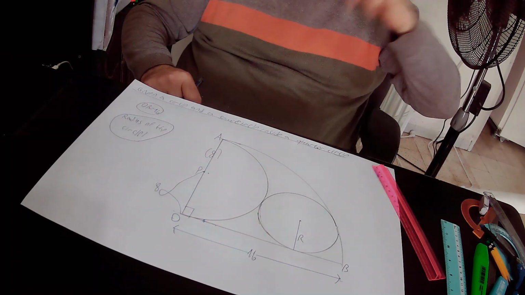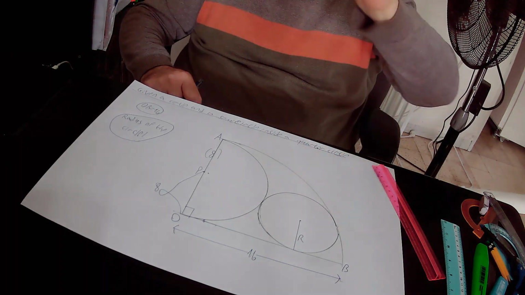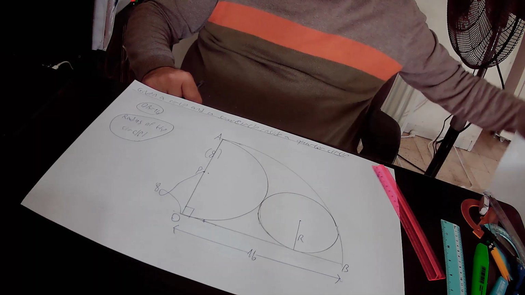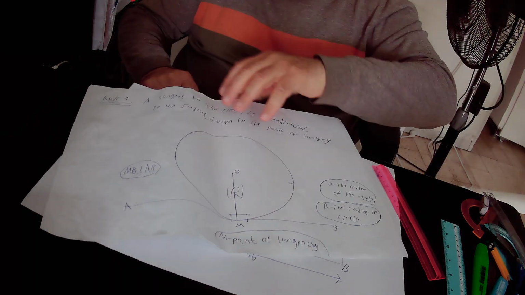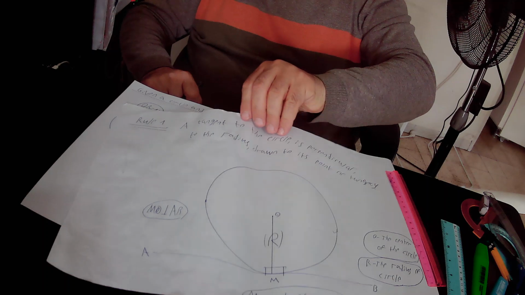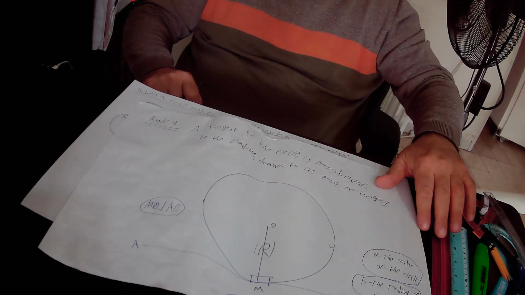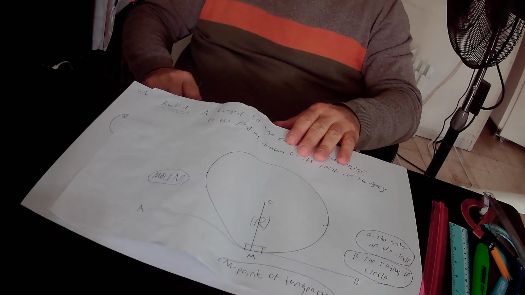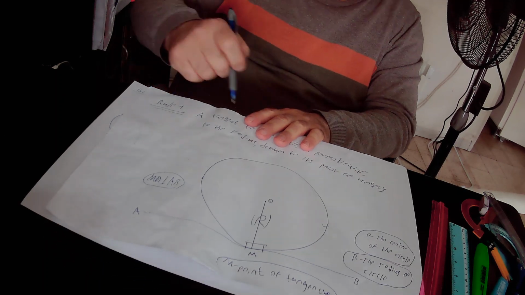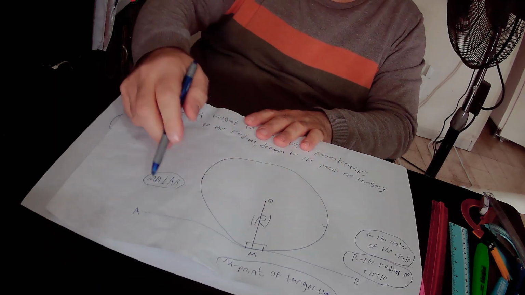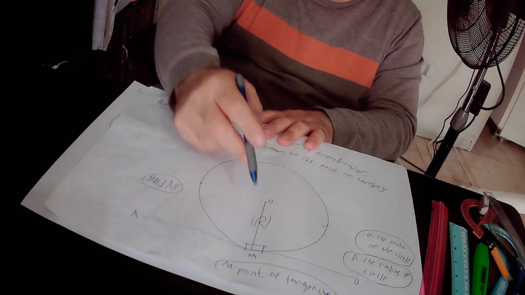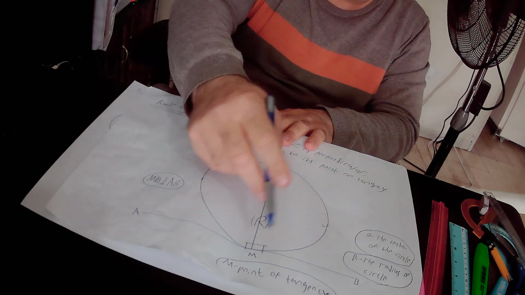Here we can implement rule 1 in this small circle. Let's quickly repeat rule 1. According to rule 1, a tangent to a circle is perpendicular to the radius drawn to its point of tangency. So in the drawing we have this circle and we have tangent AB that is tangent to this circle at point M. Point M is the point of tangency of tangent AB with this circle.